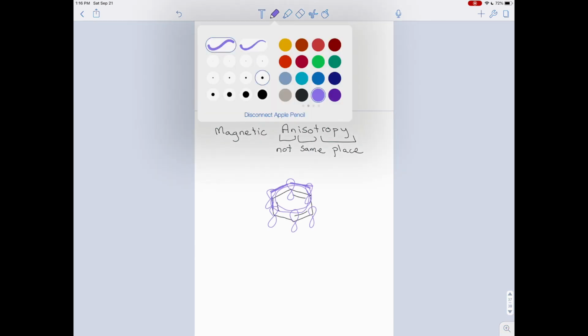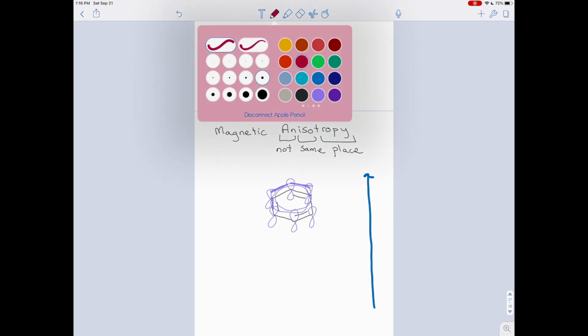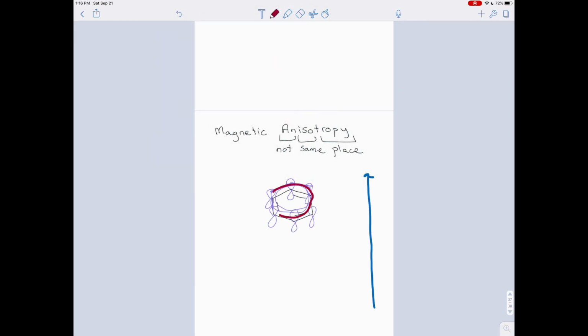So when you apply an external magnetic field, the electrons that are flying around orient their magnetic field. They move around so that the magnetic field they produce opposes the external magnetic field. But the magnetic field that's produced isn't the same in every place. It doesn't point down everywhere. When the magnetism points in one direction, so let's say north is pointing down, that creates the opposite type of magnetism on the opposite side, south.